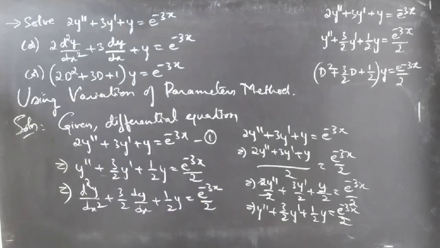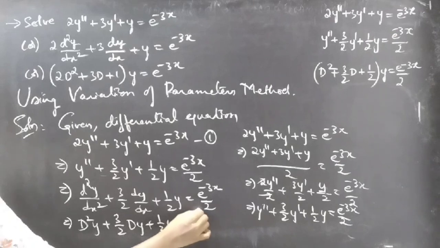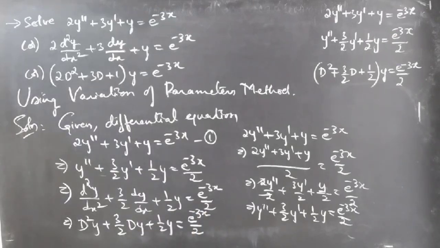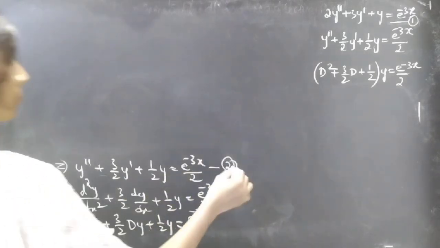Now use the differential operator capital D. We'll get D²y + 3/2 Dy + 1/2 y = e^(-3x)/2. Consider this equation as equation 2, okay?